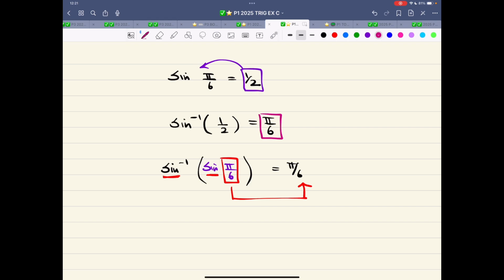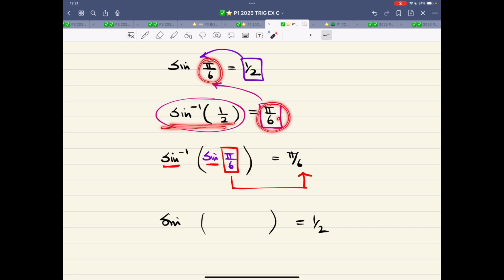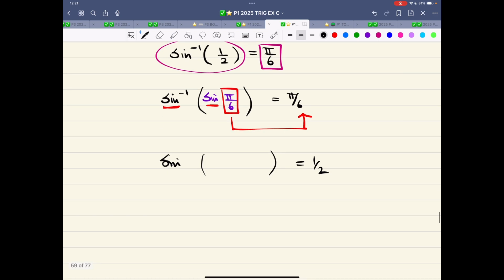Pi by 6 can be written as sine inverse half. So sine of something is half, and that something, pi by 6, is replaced with sine inverse of half. Again observe, sine and sine inverse are inverse functions of one another. This half is giving me this.